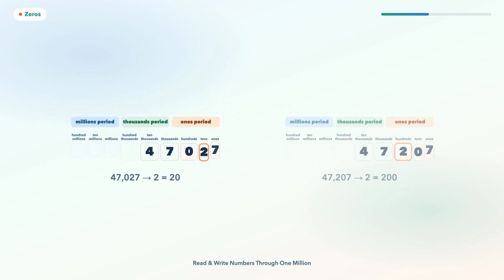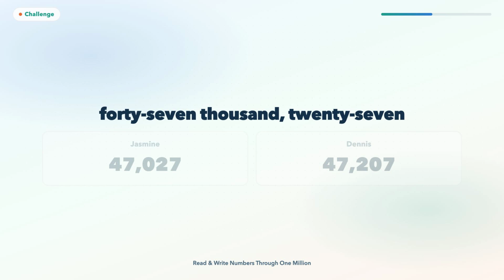Compare 47,027 and 47,207. Same digits, different homes. In the first number, the 2 is worth 20. In the second, that 2 is worth 200. Moving a digit one place multiplies or divides its value by 10. Challenge time. The teacher says, write 47,027. Jasmine writes 47,027.